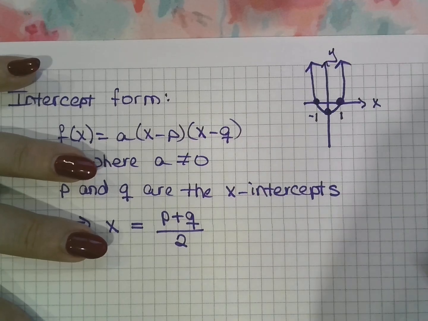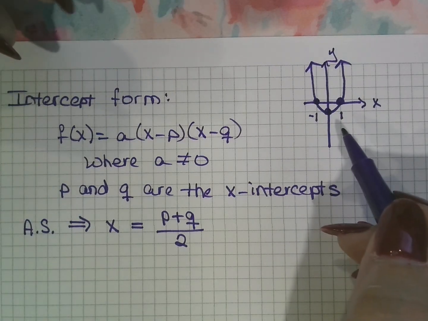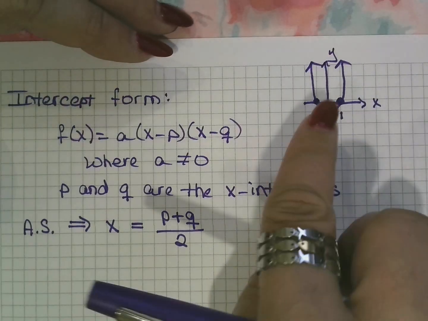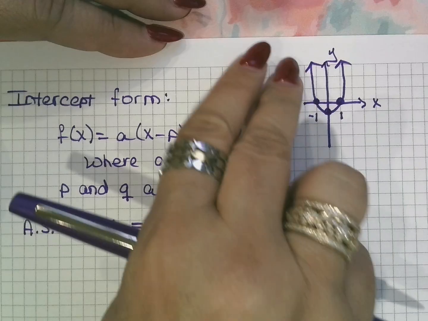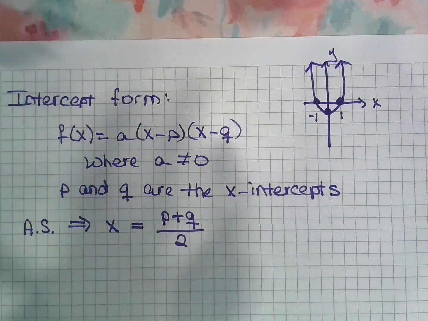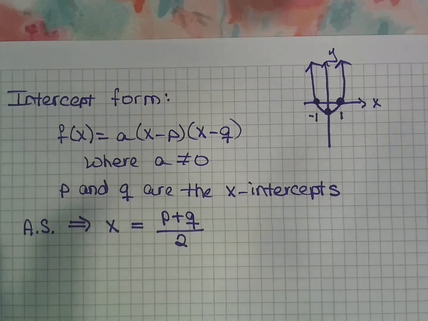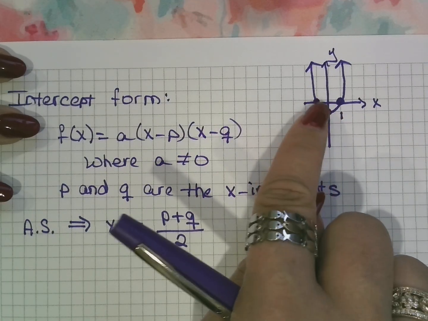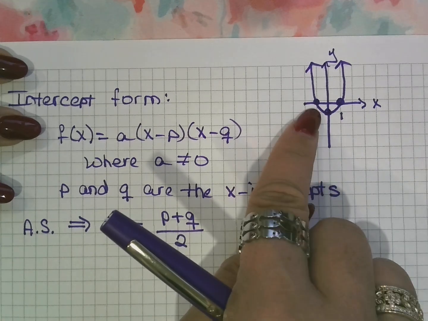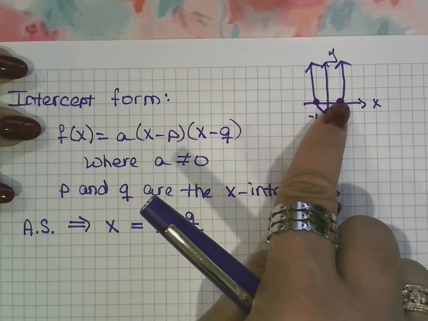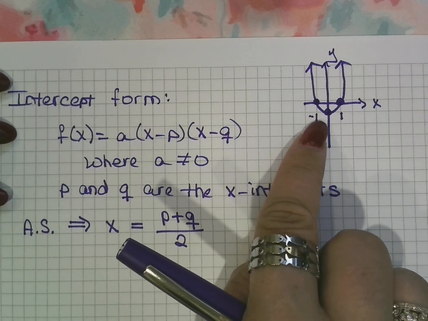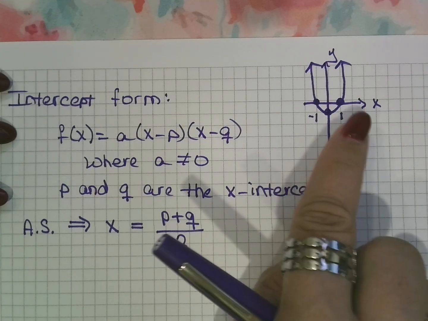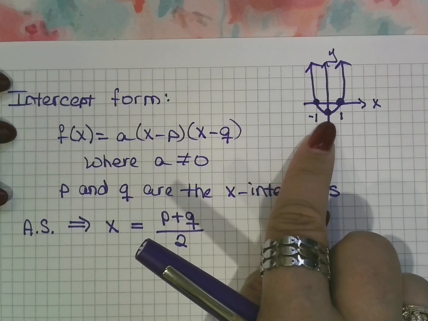If we wanted to find the axis of symmetry, you would have to look for the point that's in the middle between these two. Because if the function is divided by the axis of symmetry into two perfect halves that are mirror images of each other, that means this axis of symmetry must be midway between the two points. So basically what you're finding is the midpoint between the points 1, 0 and negative 1, 0.